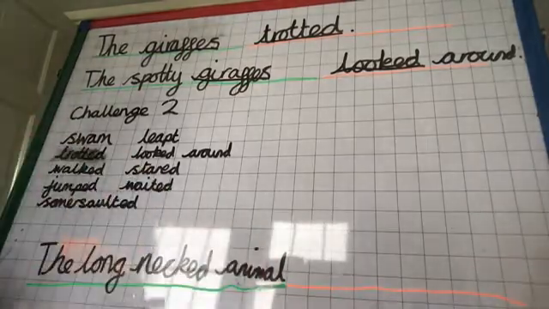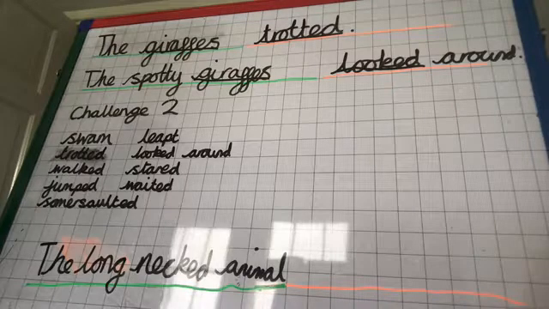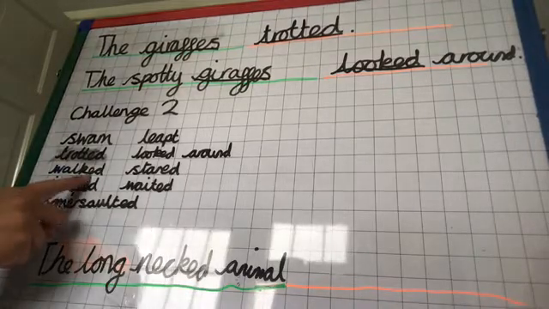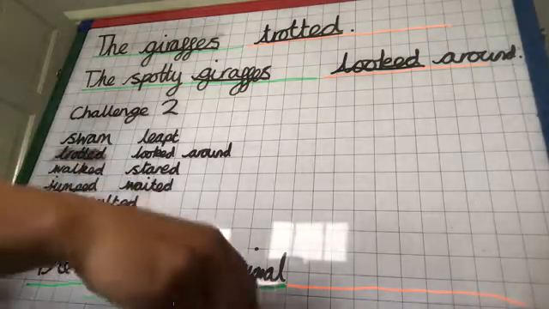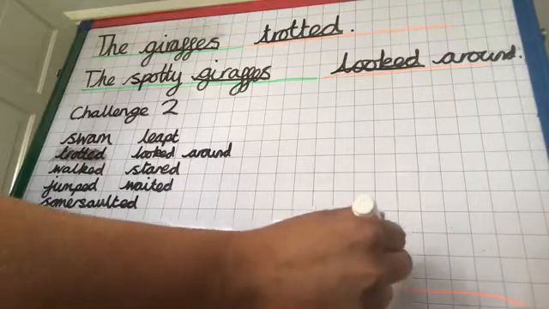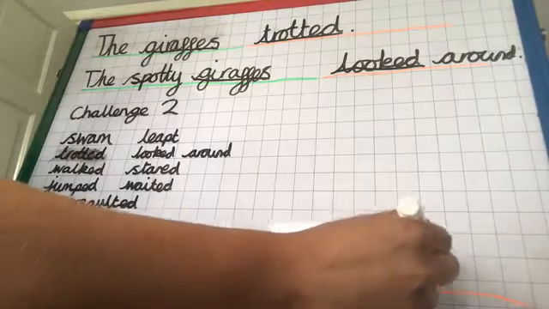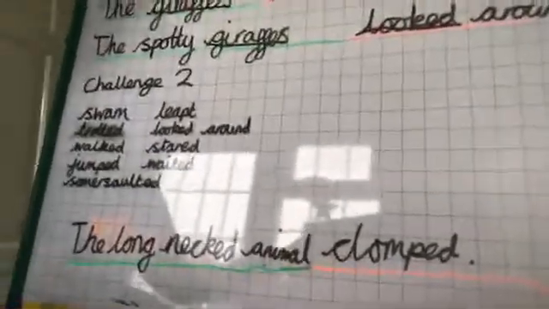Okay, so it is about the long-necked animal. And what did the long-necked animal do? They walked. Now I know walked is a little bit of a boring word, so I'm going to say clomped. Full stop. Okay, now excuse my handwriting, it's hard to write to the side.